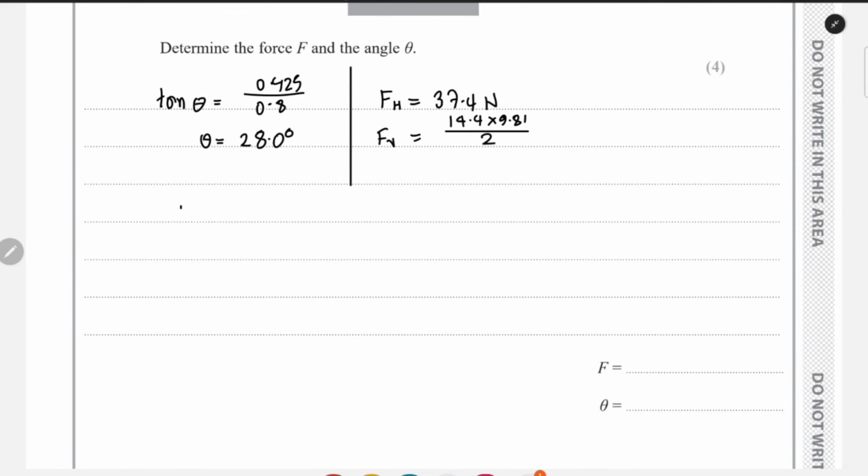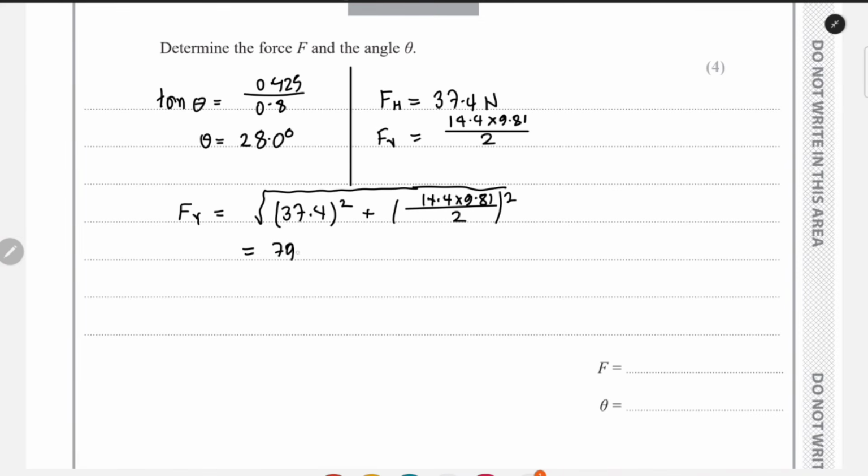So the force on Y would be root over 37.4 squared plus 14.4 into 9.81 by 2 whole squared. We'll get 79.9 newtons. So F is 79.9 newtons and theta is 28.0 degrees.